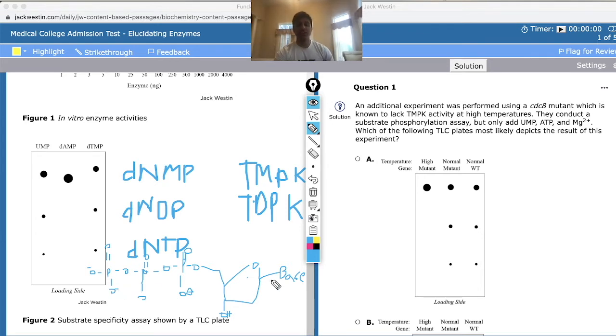Okay, guys, so that is nucleotide triphosphate, and it's this little dot right here.